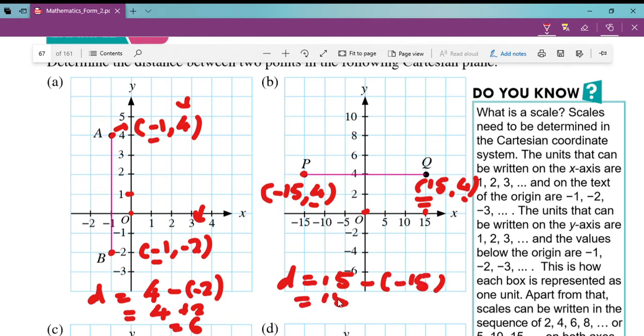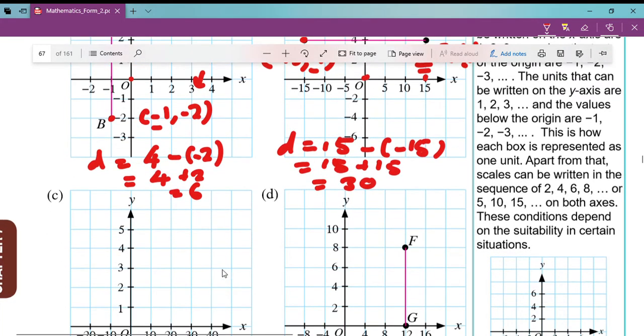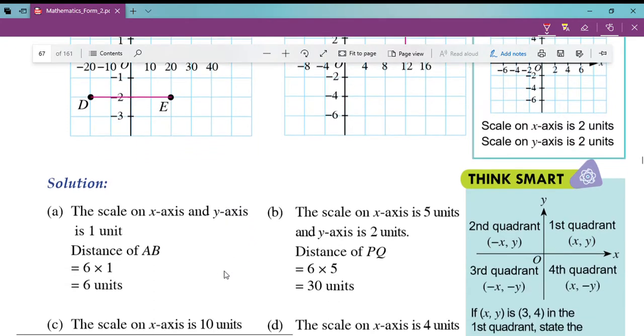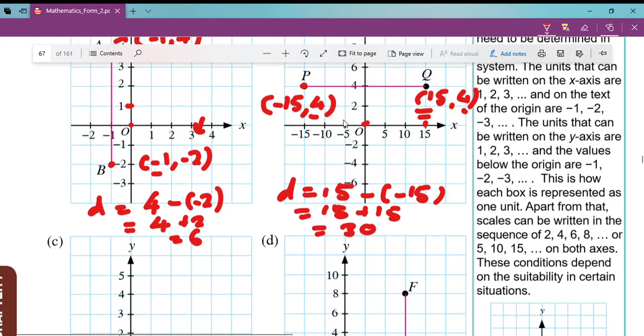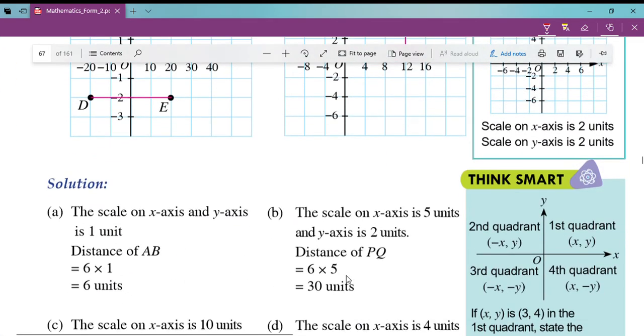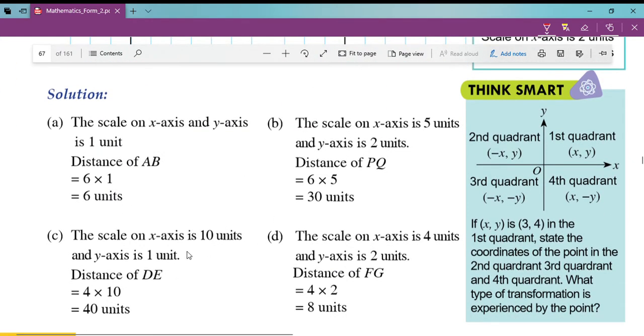So you got 15 plus 15, so the distance is 30. Okay, for B, the answer is given, but I hope you can understand how they get the answer. For me, I straight away train myself to use coordinates to calculate. Here they use the scale. They multiply with the scale actually.